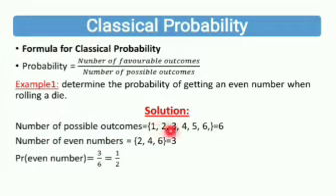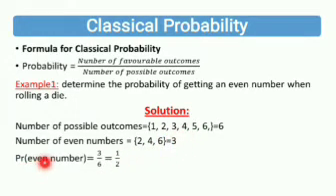Now the number of even numbers. If you come to these faces 1 to 6, how many are even numbers? 2, 4, and 6 are even numbers. If you count 1, 2, 3, it is equal to 3.